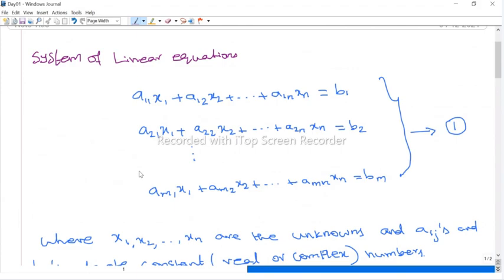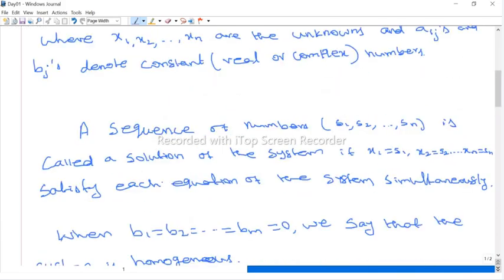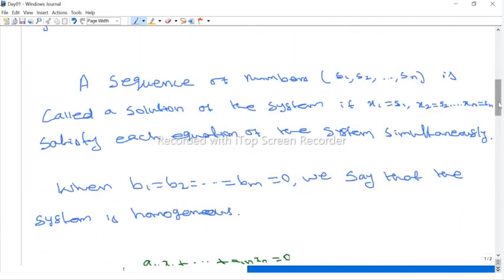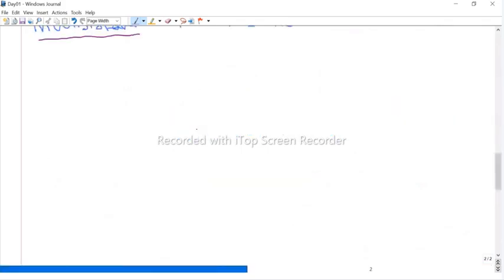How to form a matrix equation of this? The system of equations can be written in a simple form, the matrix form.